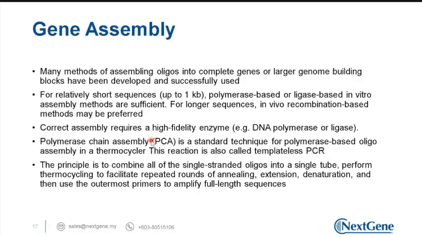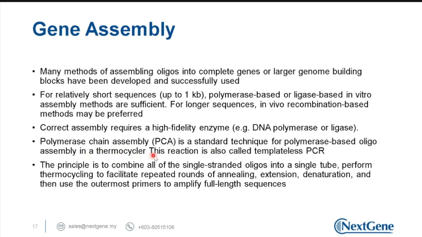Okay, so there are many methods for gene assembly. Some of them involve the use of polymerase, and another method is the ligase-based in vitro assembly method. Okay, so the correct assembly requires high fidelity enzyme, and polymerase chain assembly (PCA) is a standard technique for polymerase-based oligo assembly in a thermocycler.